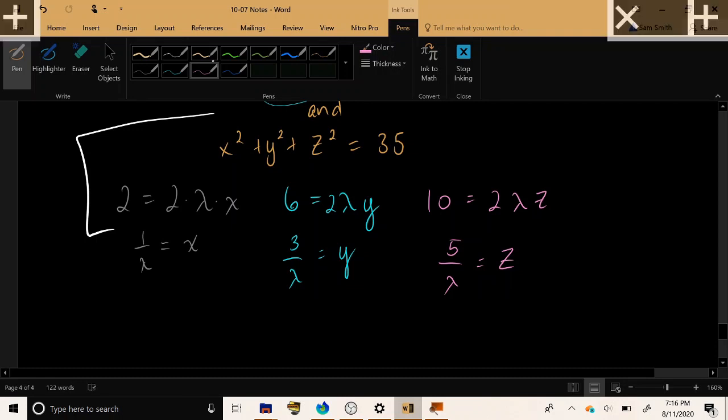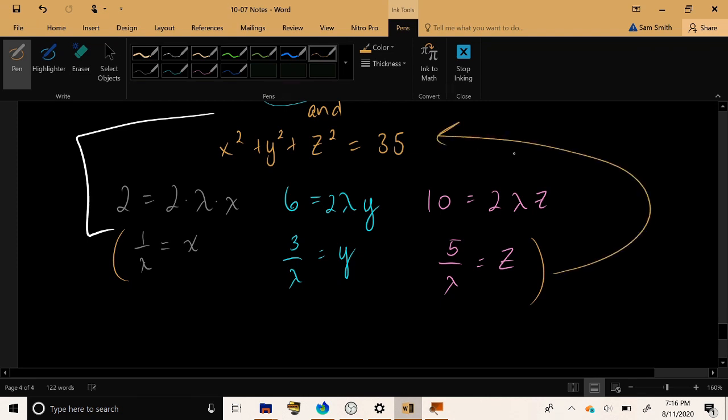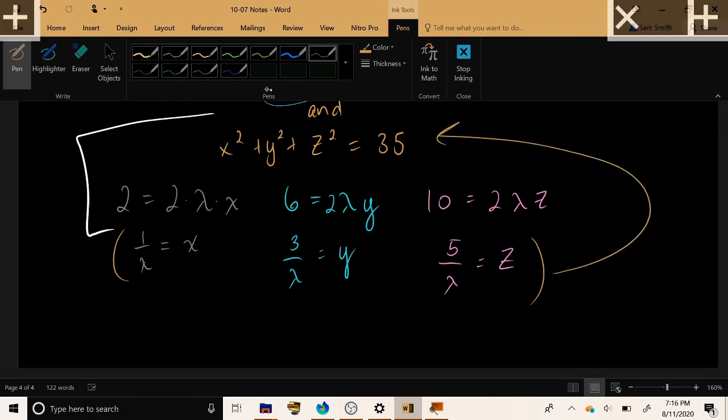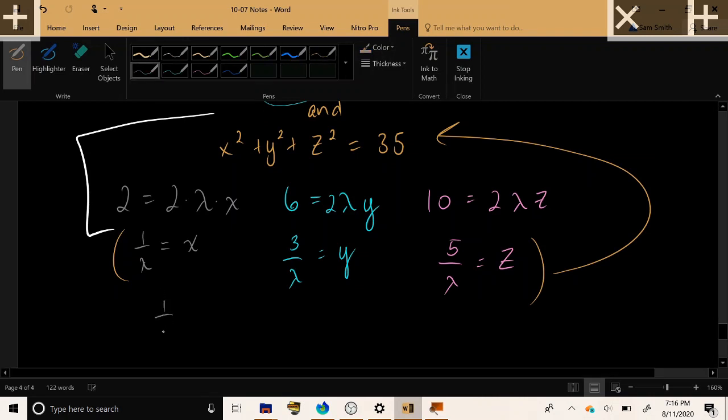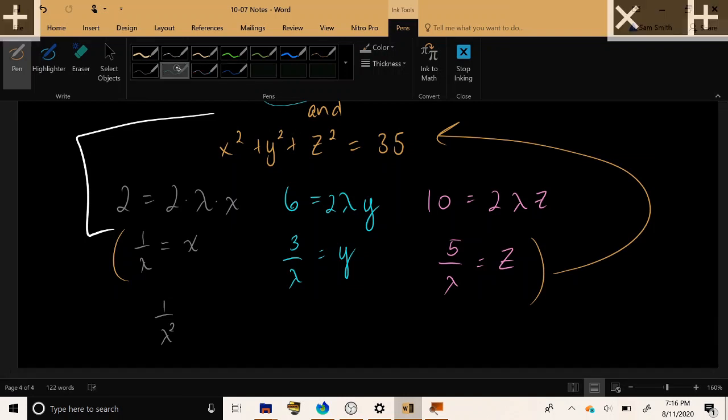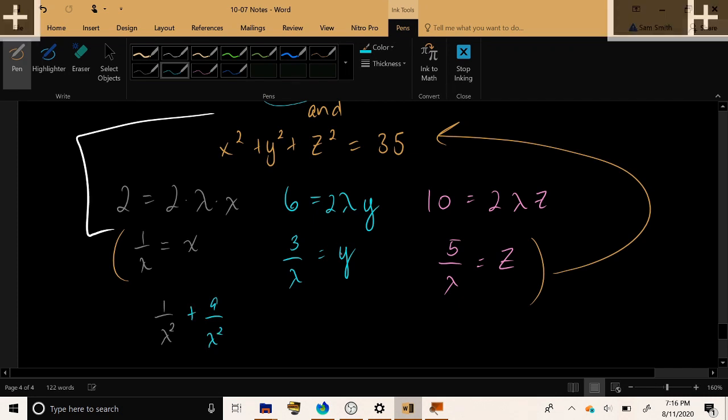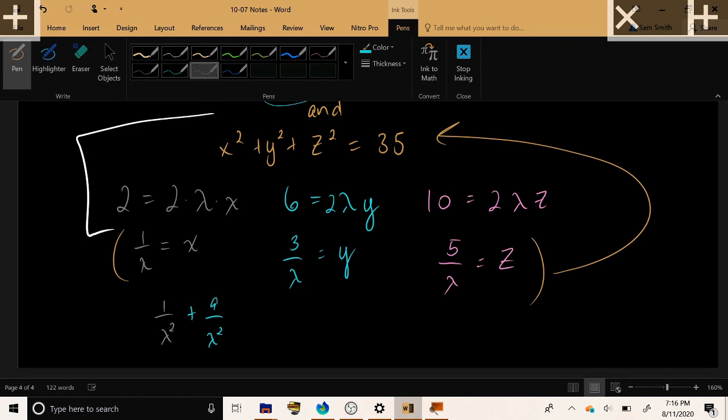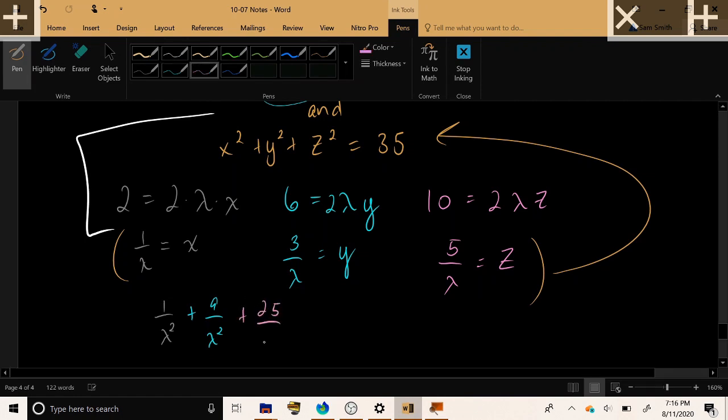Well, now let's see what happens if we substitute all 3 of these equations into our constraint function. Everywhere there was an x, we can replace that with 1 over lambda. So we have 1 over lambda squared. Instead of y squared, we can now write 9 over lambda squared, since y is equal to 3 over lambda. And instead of z squared, we can now write 25 over lambda squared, and that should be 35.